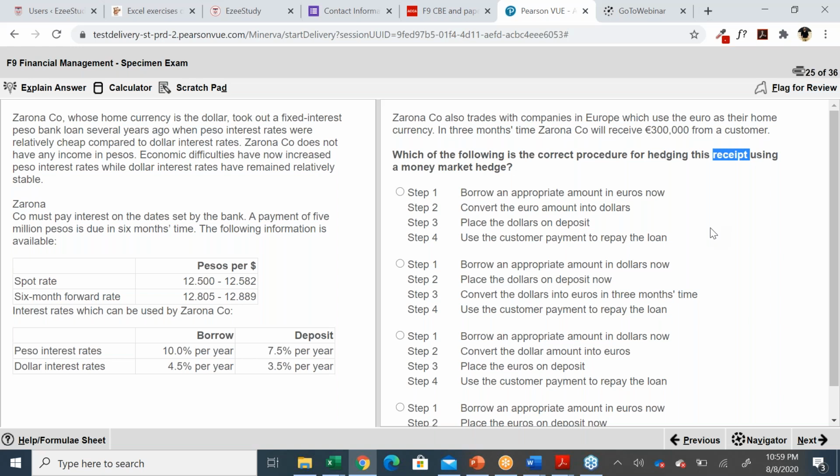It is expecting a receipt, right? So if it's expecting a receipt in foreign currency, then it has to borrow first. It has to borrow the foreign currency, which is euros, convert into local currency, invest the local currency, and then when it receives the foreign currency, it will pay the loan that it borrowed in the first step.